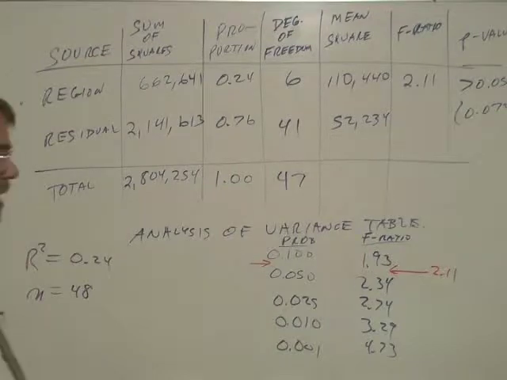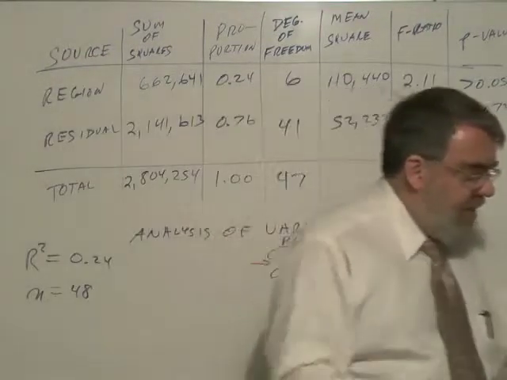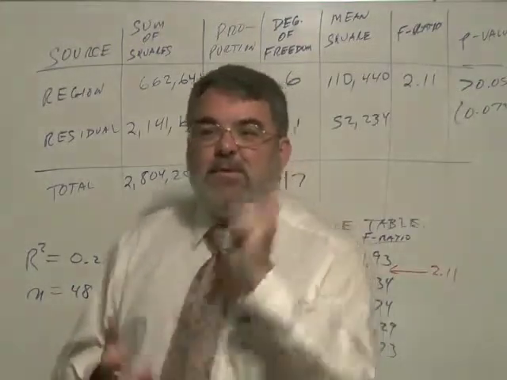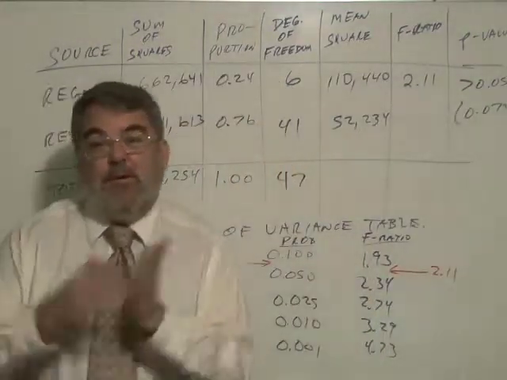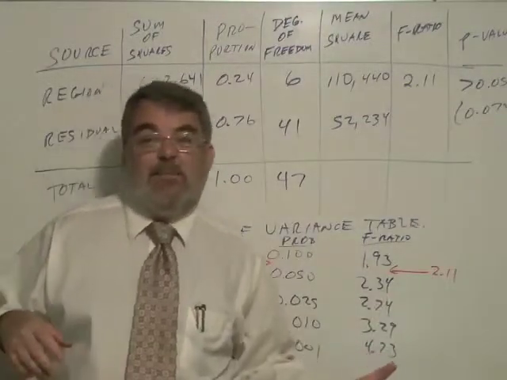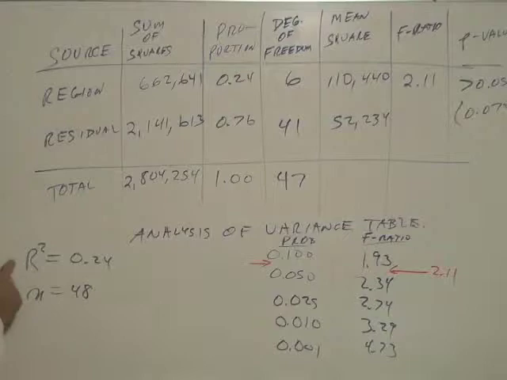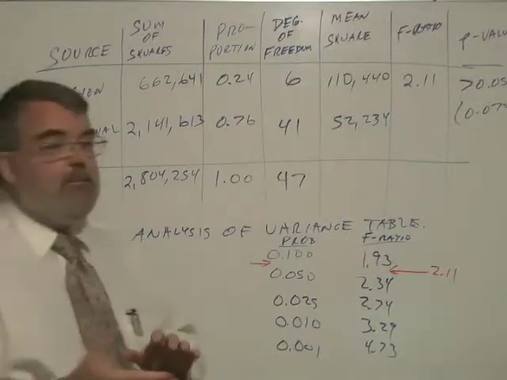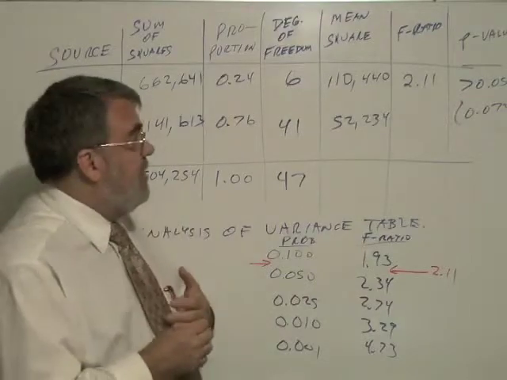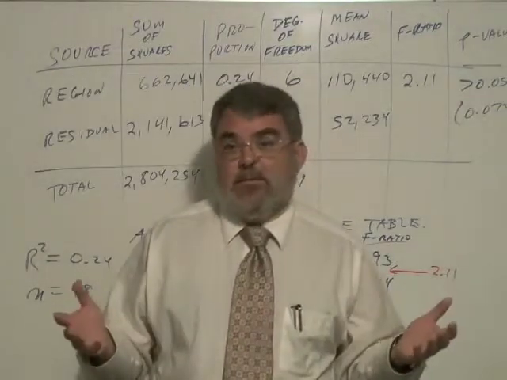So anyway, what do we do? Well, there's only one number here that makes a difference. Now, normally there would be two. If we have a small p-value and we reject the null hypothesis, then we're also going to be interested in r squared and r. But in this case, we failed to reject the null hypothesis. Well, what in the world was that?